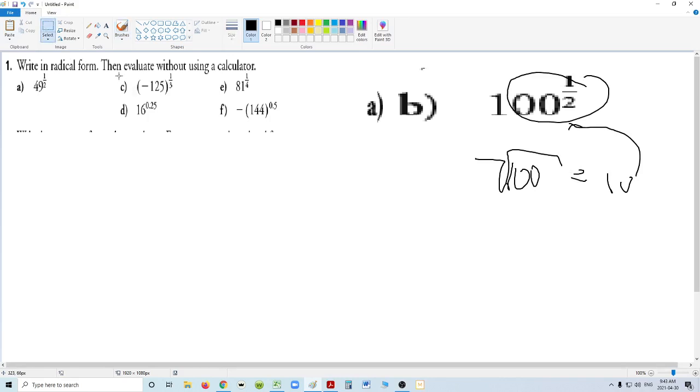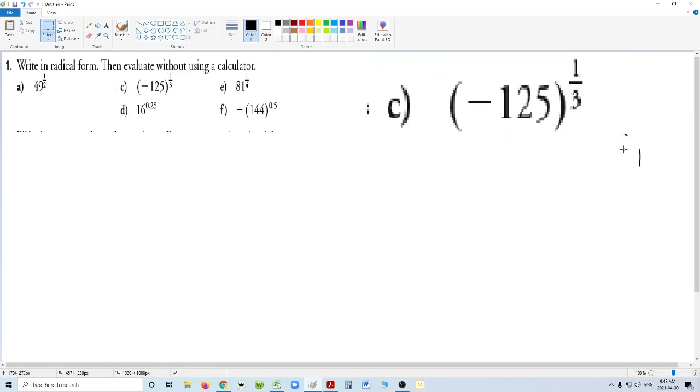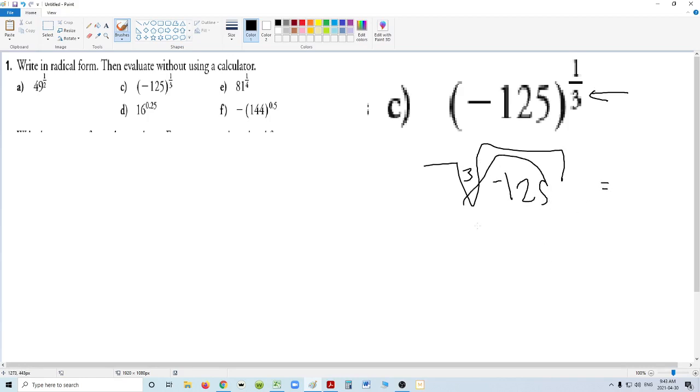It's not that complicated. Now notice you have a negative, and you might say, well, you can't take a square root of a negative. You're right. But you can take a cube root or a 5 root or 7 root. So this is the same as, remember, this is the root, a cube root of minus 125. And what number times itself 3 times can reach minus 125? Minus 5. Try it. Put minus 5 cubed, and you'll get minus 125.